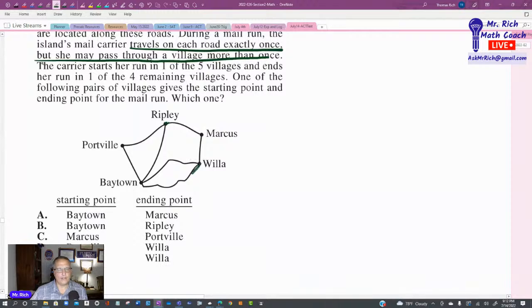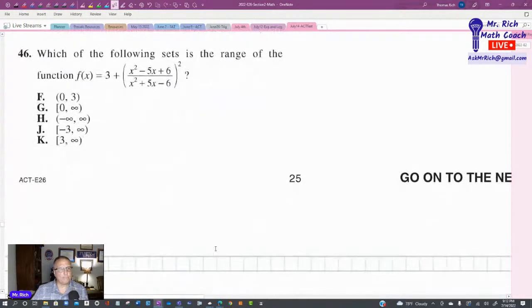If I go Willa and I come this way, and then go that way, come that way, come this way, and then travel this road and then back up. Okay, that doesn't work because I didn't travel that road. I don't like this problem. I'm going to look at these answers here and see which ones would work. I'm going to come back to it.